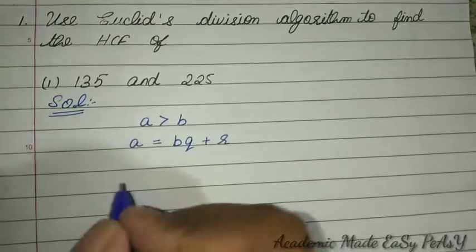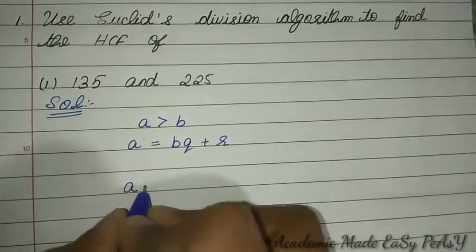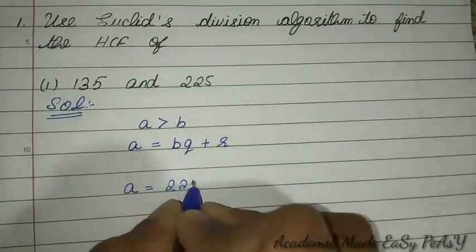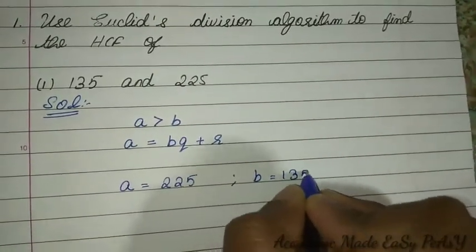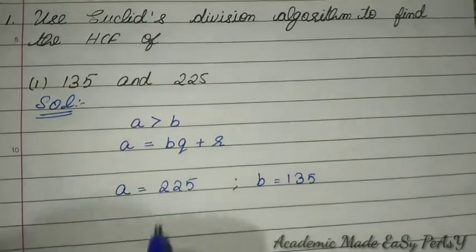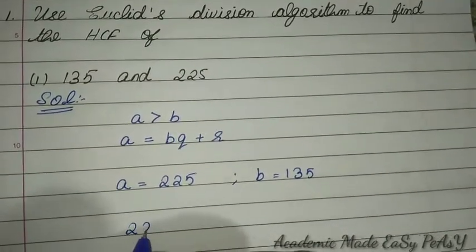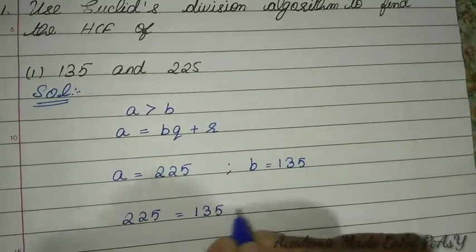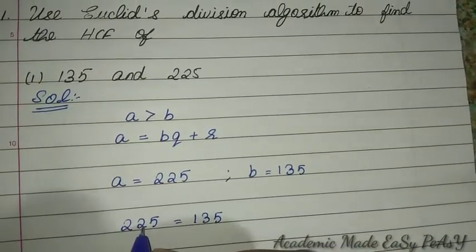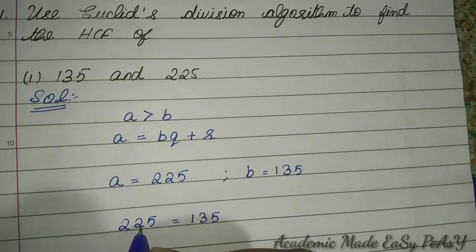So, since my A value should be greater, my A will be 225 and my B value will be 135. Okay, so now if I substitute in the equation, 225 is equal to 135. If I multiply with what, I will get 225?